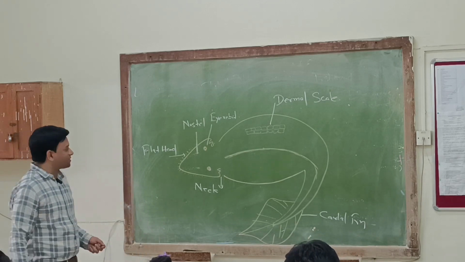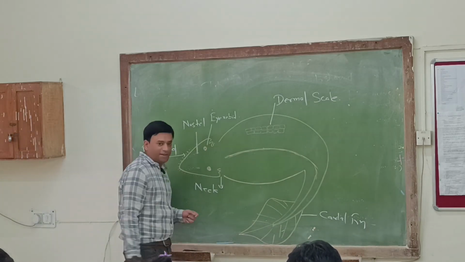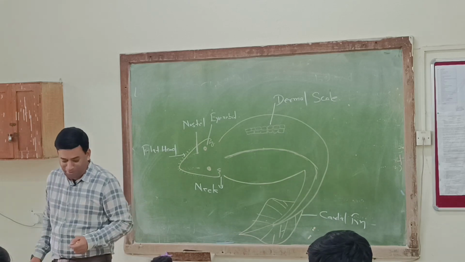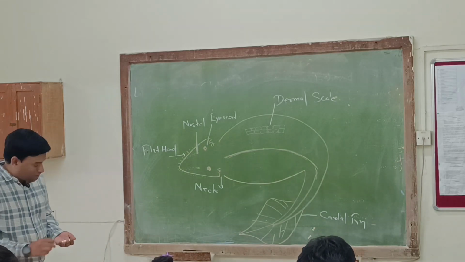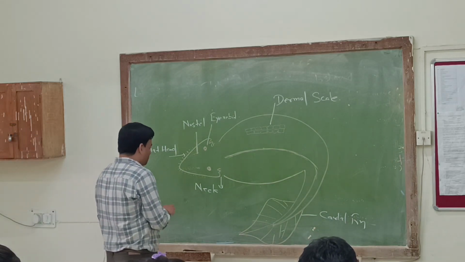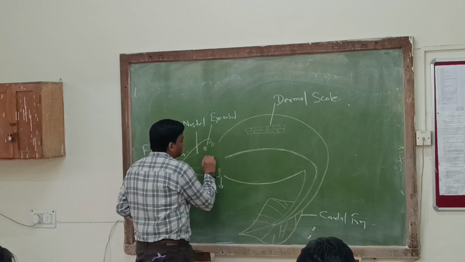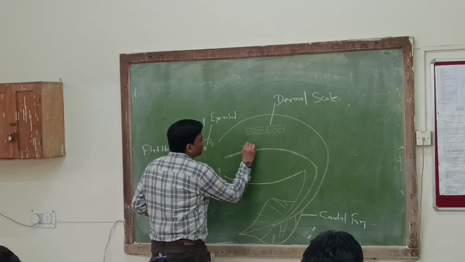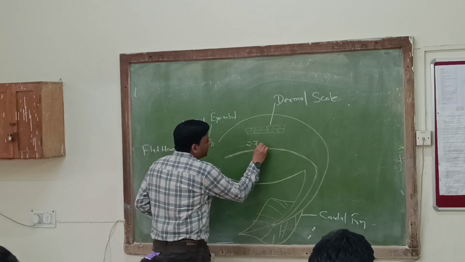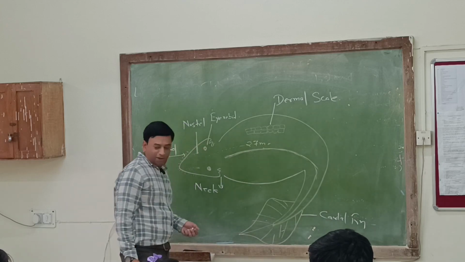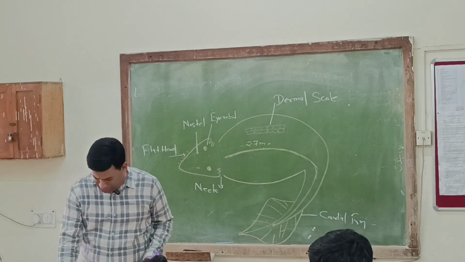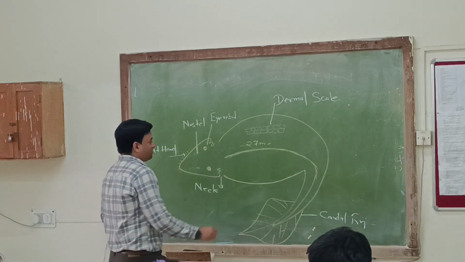And do you know what is the size of this animal? Do you have any idea? You will get surprised. This is near about, oh my God, this is very, very interesting. This is near about 2.7 meter, which is equal to near about 8.86 feet.